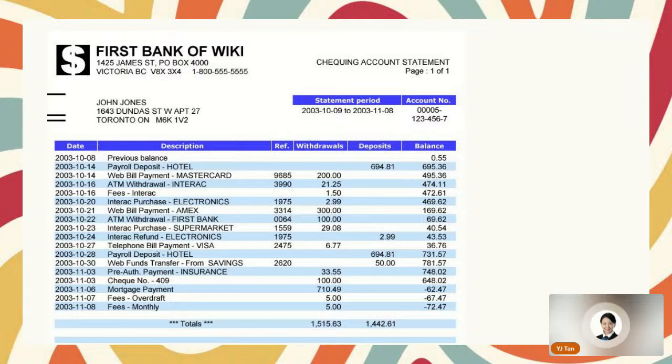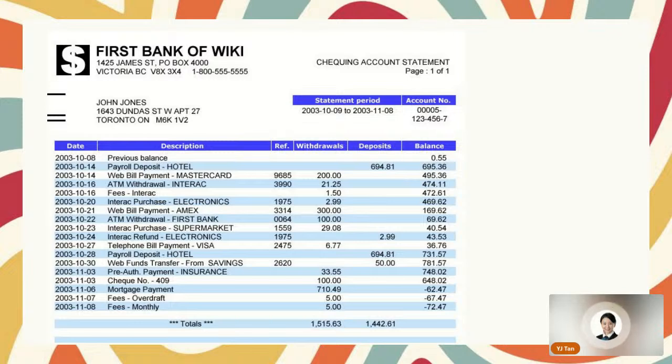As you can see here, on the 8th of October, there is a previous balance carried down, which is 55 cents. On the right, you can see the balance there. And then on the 14th of October, there is a deposit, a payroll deposit. That means a hotel paid the company of John 694 and certain cents.